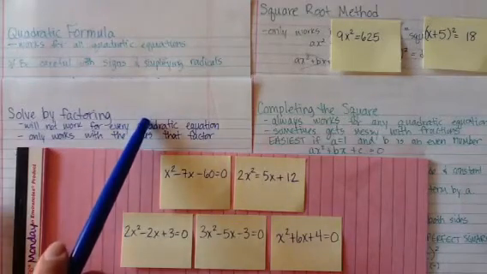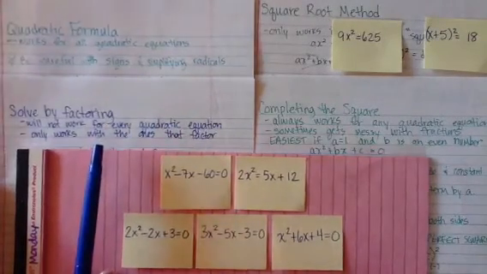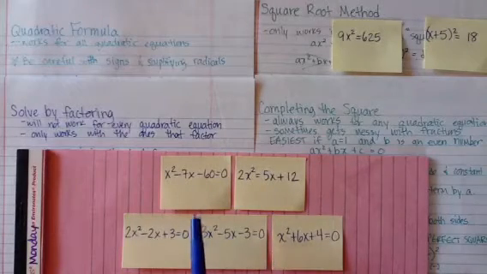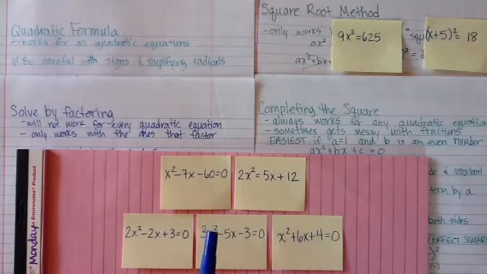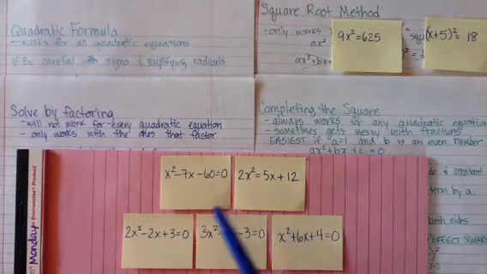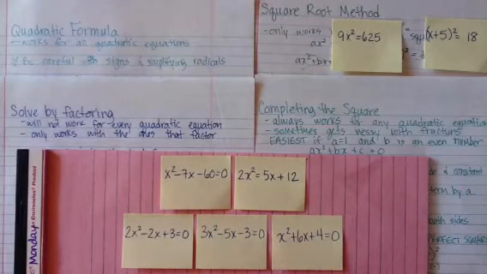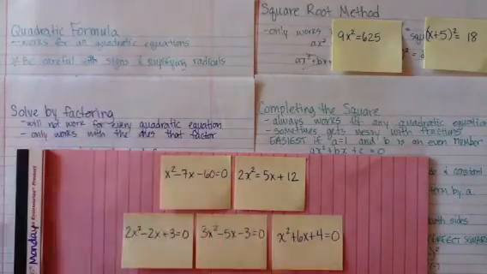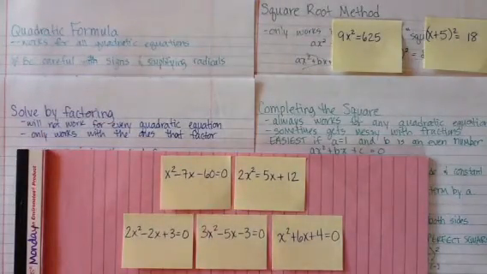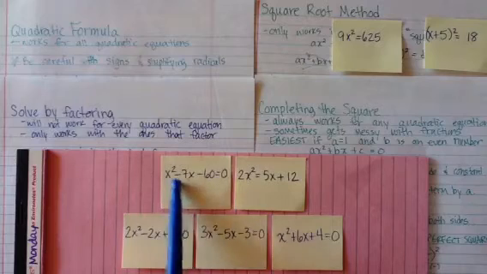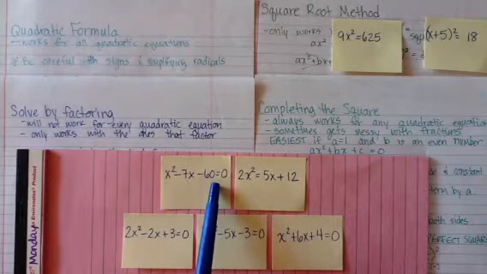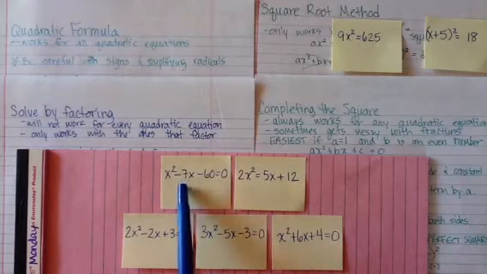Solving by factoring will only work if our equation is factorable. So if we can kind of quickly look and see about factoring an equation, if it looks like it would factor very easily, then we could put it with the solve by factoring. This x squared minus 7x minus 60 looks like it might factor.